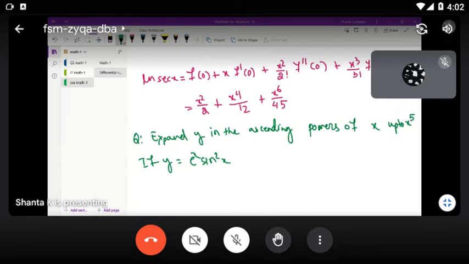In the last class I did one example where we used the sin x series. Here also you can do that way, or the normal standard way: expand e to the power x and sin x, and multiply up to the x power 5 term.